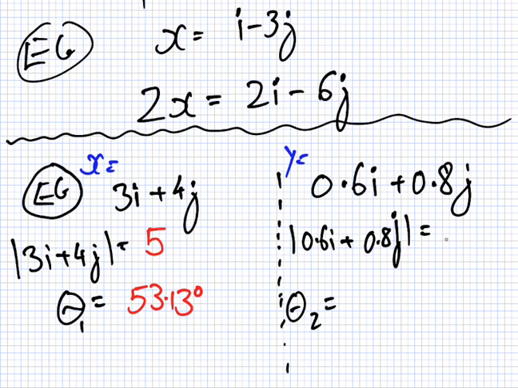Okay, Louise, I want you to tell me the magnitude here for this one. And then Saeed, I want you to tell me the direction for this one. Shift and tan, 0.8 divided by 0.6.